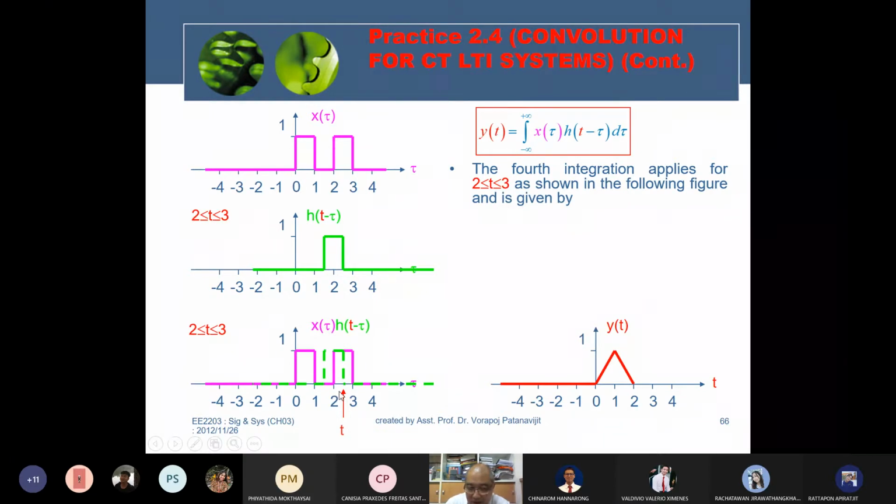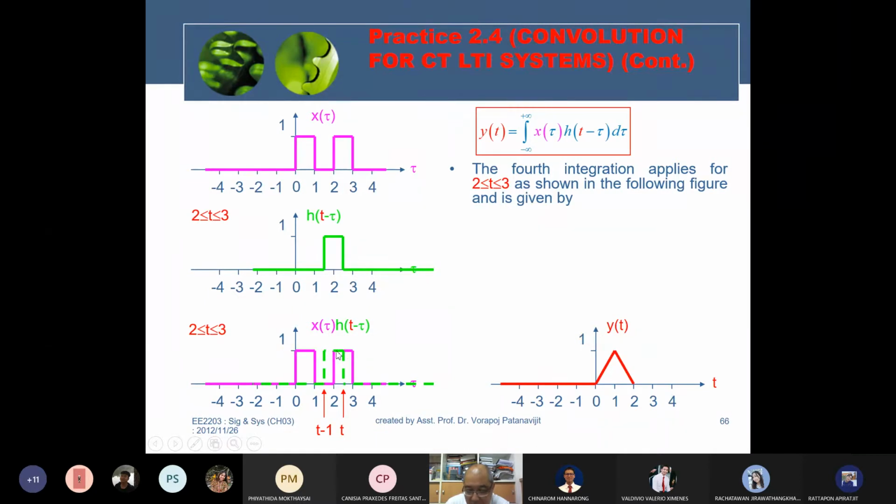For time less than 2, you can separate it into many regions. For time less than t minus 1 it equals 0, and between t minus 1 and 2 the green equals 1 but the pink equals 0, so the result is 0 again.